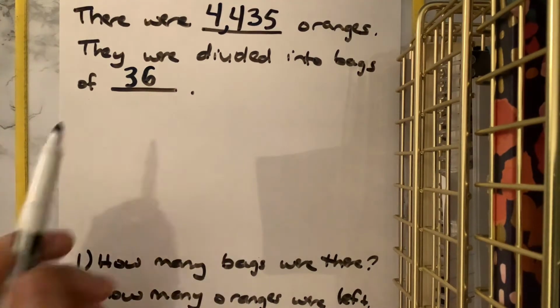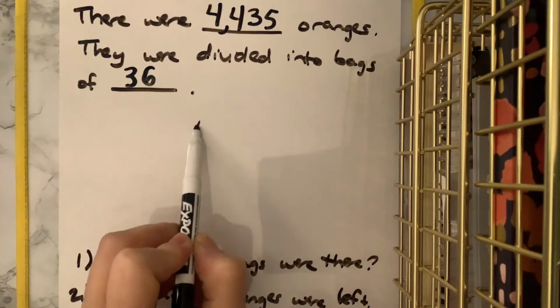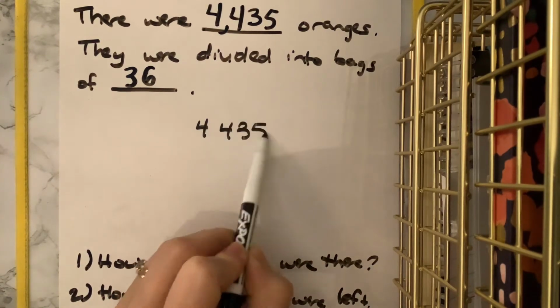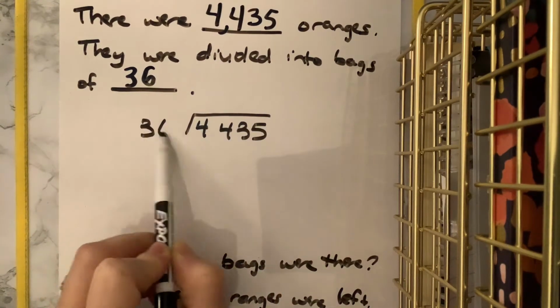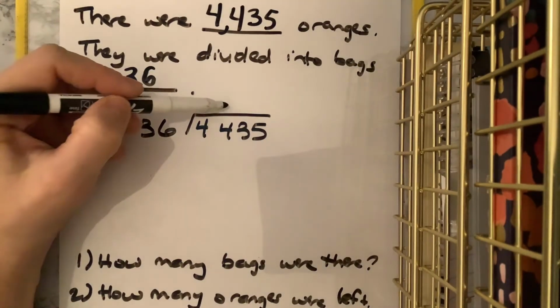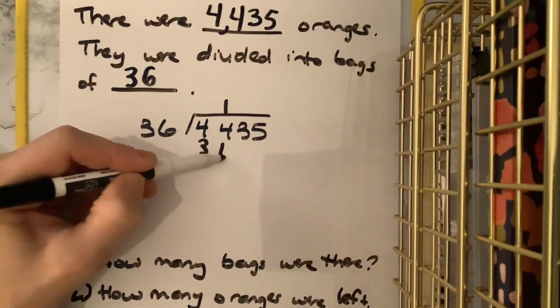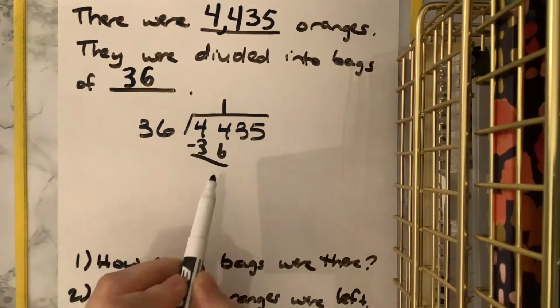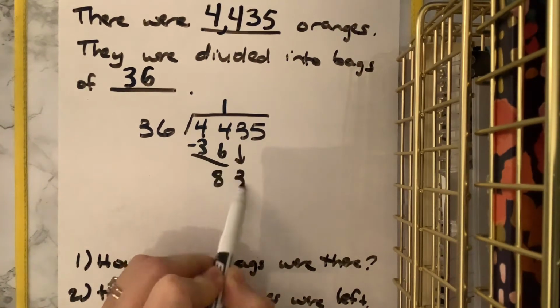So this word divided there, fifth graders, right? Divided should tell us we are dividing. So we're going to divide 4,435 by 36. 36 goes into 44 one time with a remainder of 8.